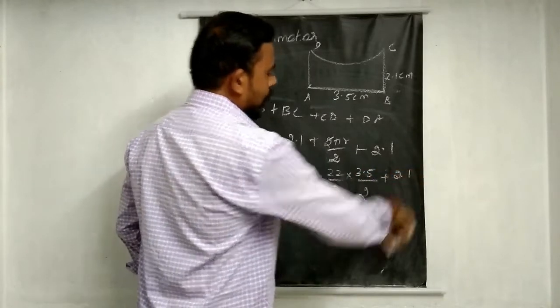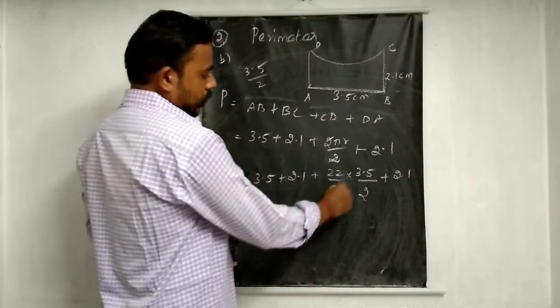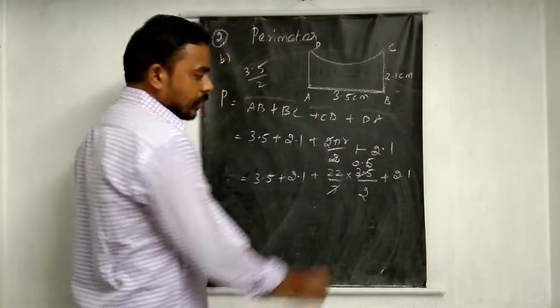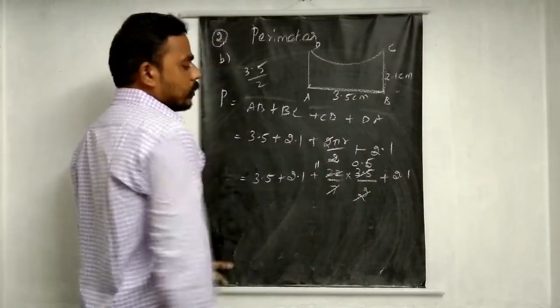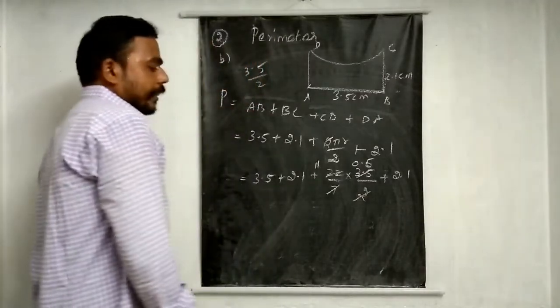Plus 2.1. So 5 7s are 35, so 0.5. 2 22s are 11, so 2 11s are 22, we can cancel.